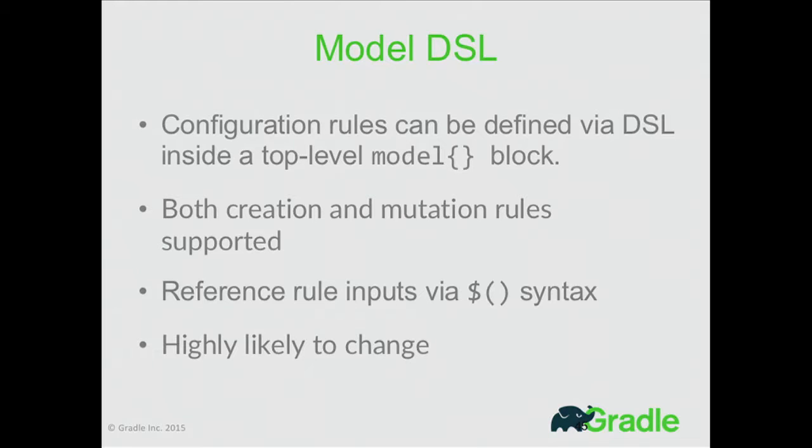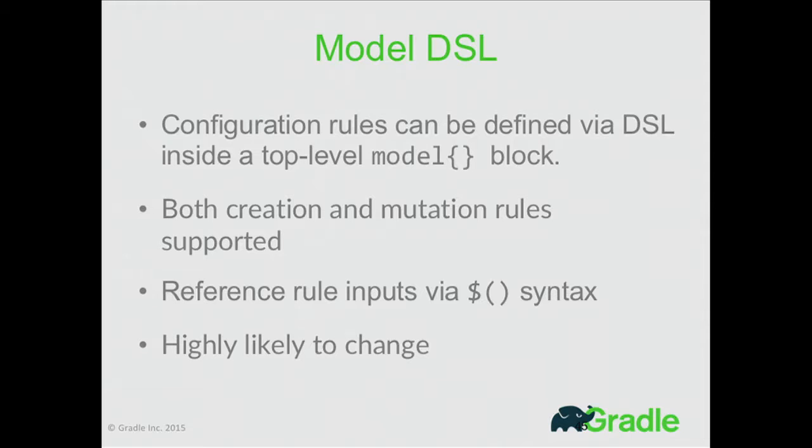Basically, we can create rules and define them via DSL in our build script, and we do that by putting those rules inside a model block. There's a top-level model block in our build script, and it goes in there. With the model DSL, you can do both creation and mutation rules, so you can create new model elements and mutate existing ones.